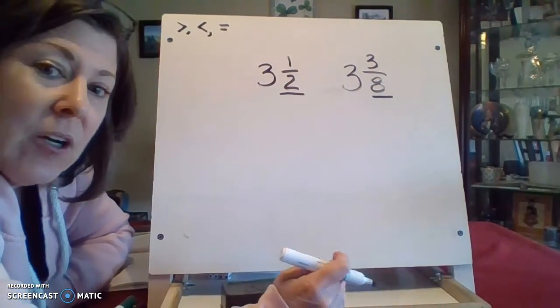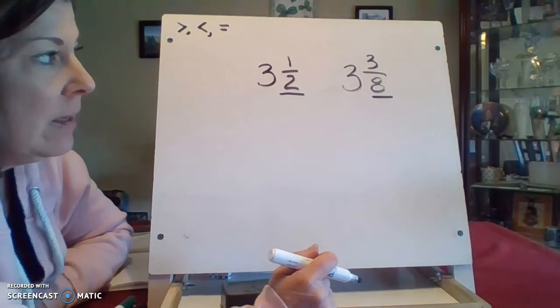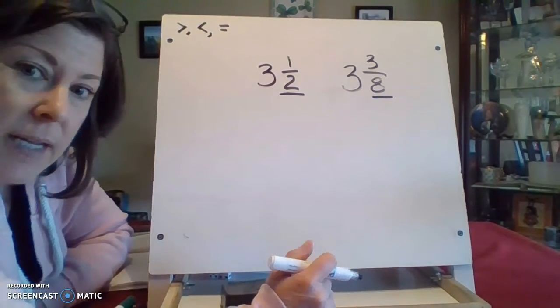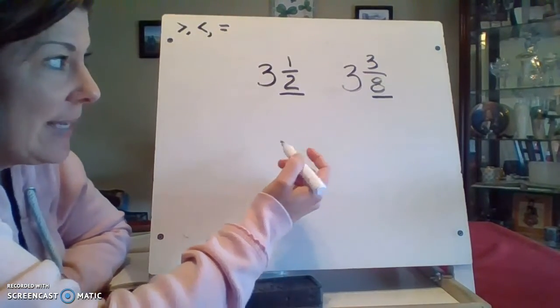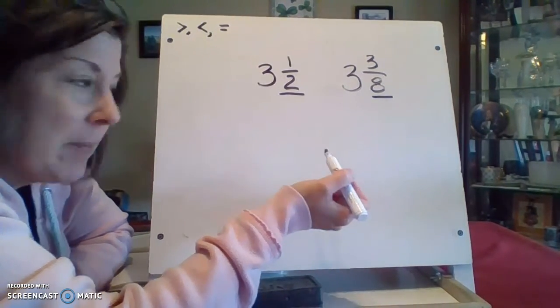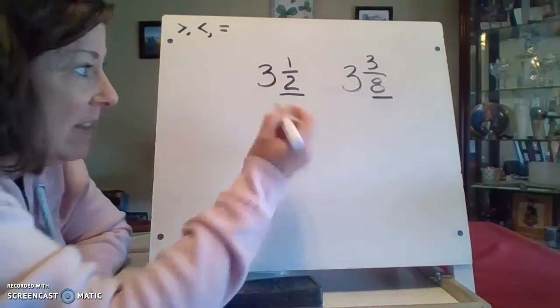I have to compare the 1/2 with the 3/8. Now, what I can do is I know that a common denominator or a common unit for 2 and 8 is 8.